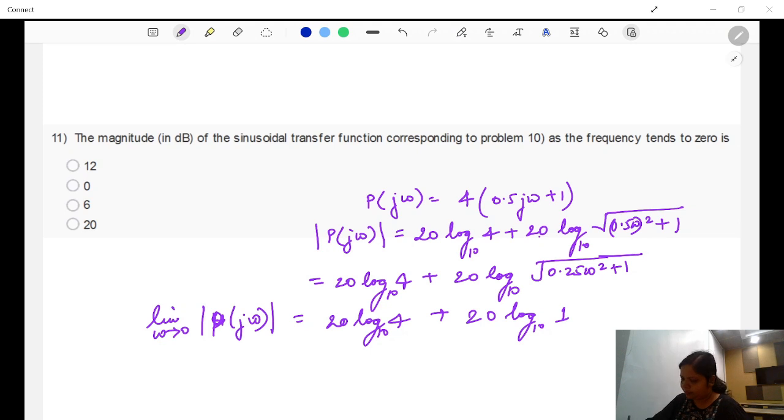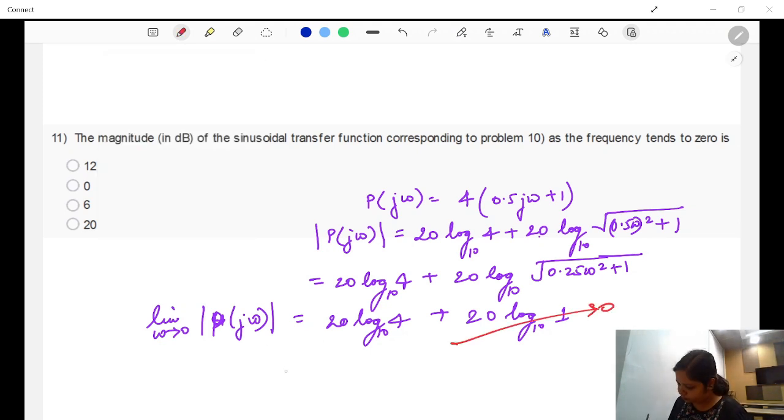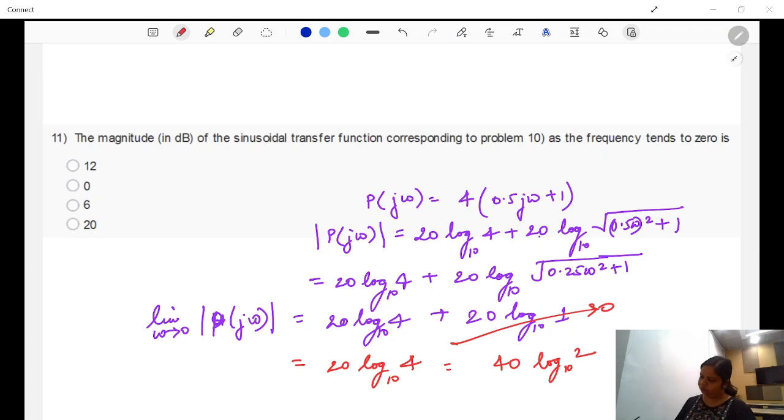That means this whole term would become 0, and you'll be only left with this term 20 log 10 4. It can also be written as 40 log 10 2.